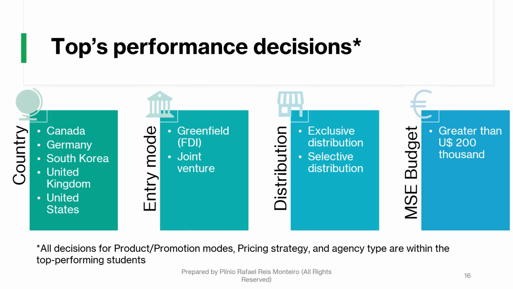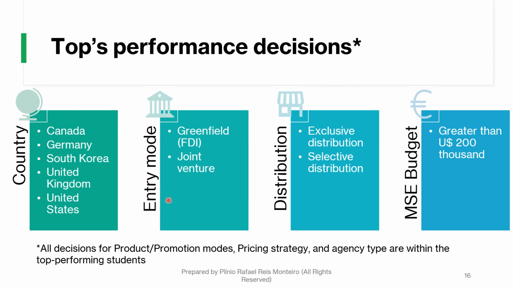And to wrap up, what are the main or top performance decisions? In terms of country selection, the students that achieved 20 grades, the maximum in the simulation, but not the maximum in the course, basically selected these 5 countries here: Canada, Germany, South Korea, United Kingdom, and United States.